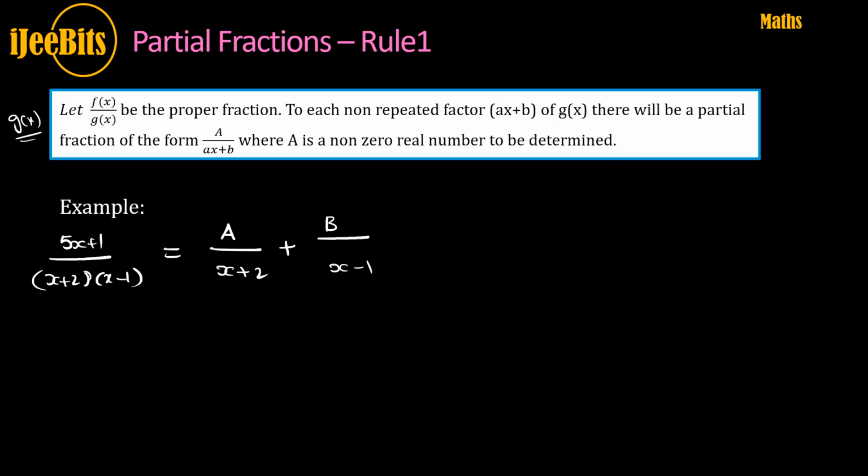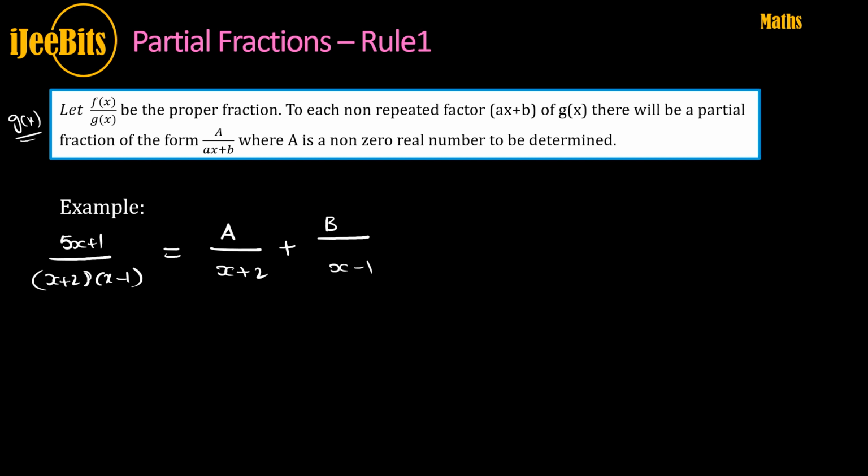Then the answer you get is A by x plus 2 plus B by x minus 1. It means the sum of the partial fractions is your answer for a given proper fraction. We will solve a few examples, then you should be able to understand.